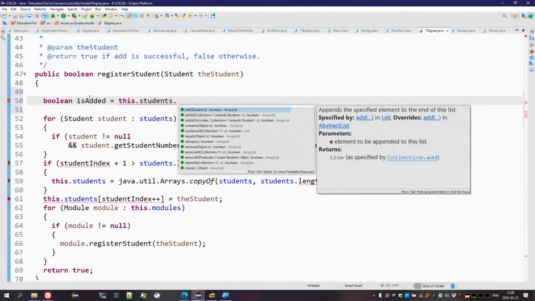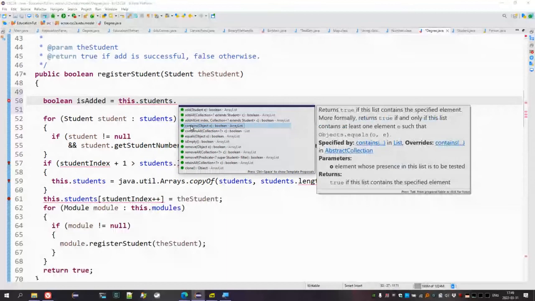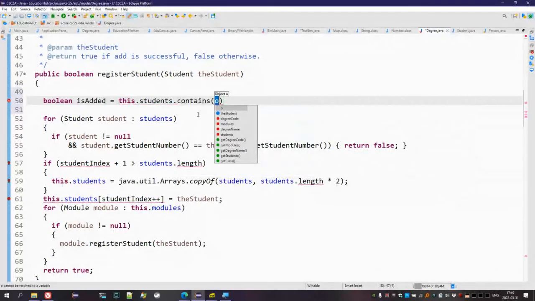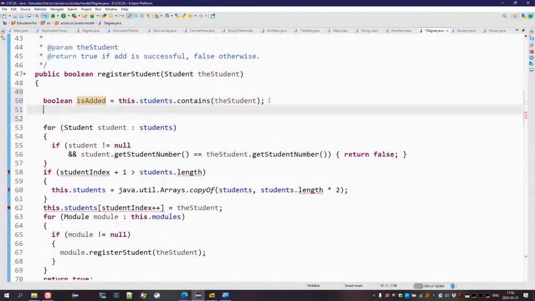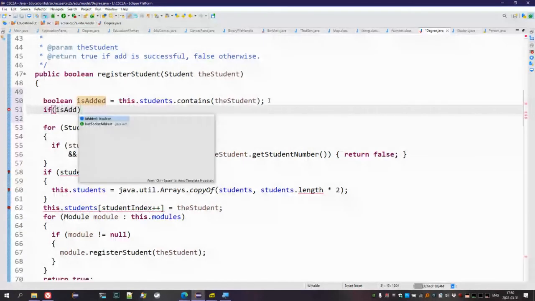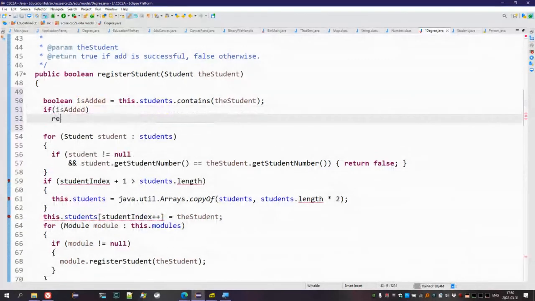You can see there's a method called contains. That method returns a Boolean whether or not this array list contains that reference. So this returns exactly what I want. I want to check if the student is already added. So if the student is already added, then we can say return false.